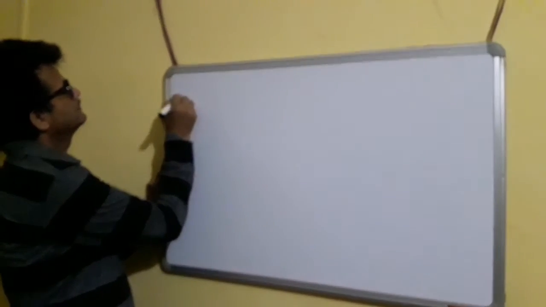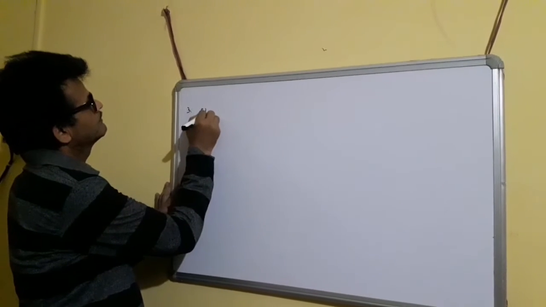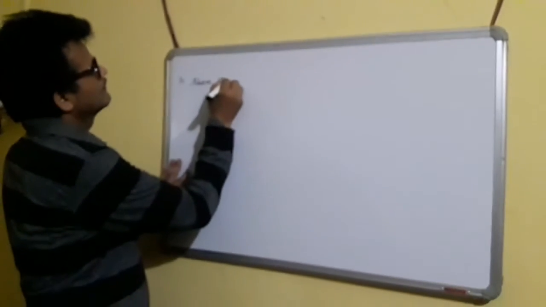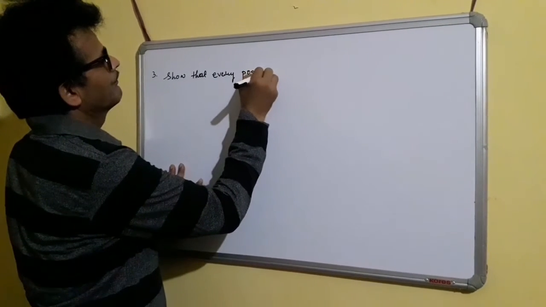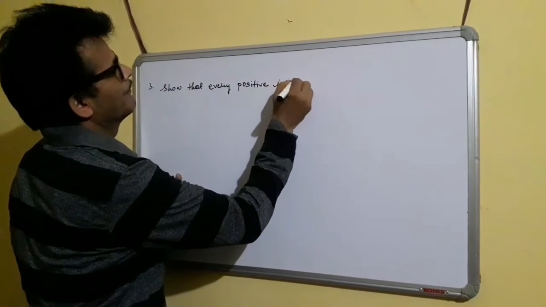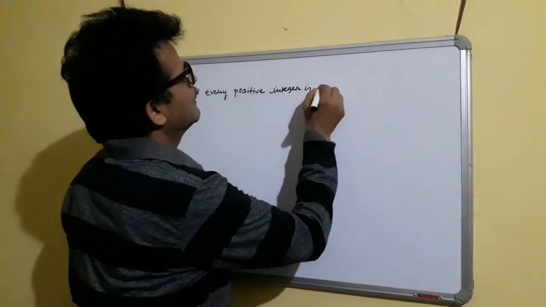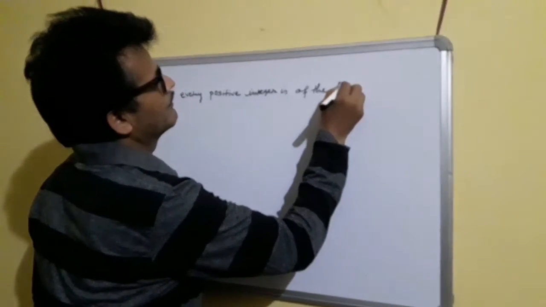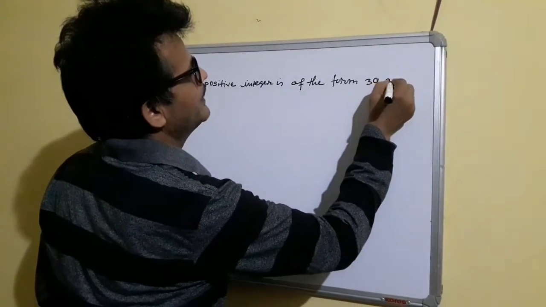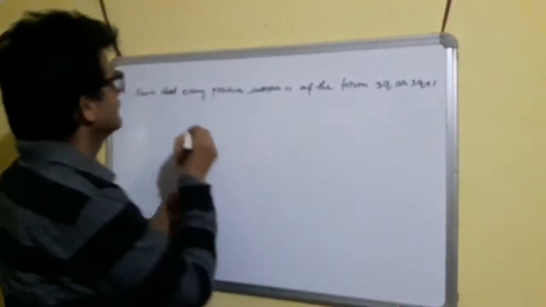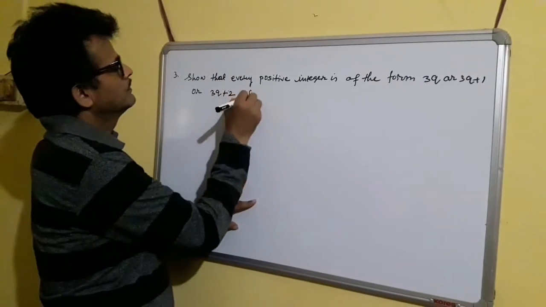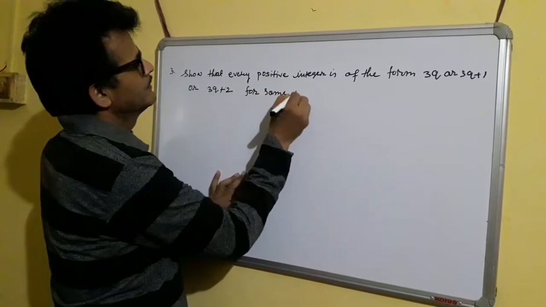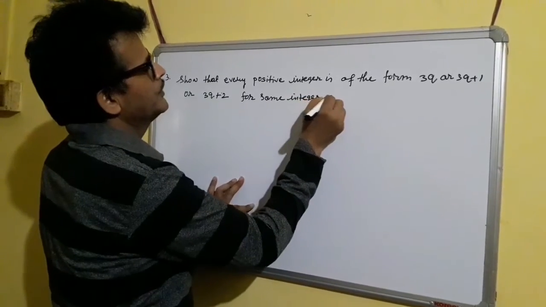Another question: show that every positive integer is of the form 3q, or 3q plus 1, or 3q plus 2 for some integer q.